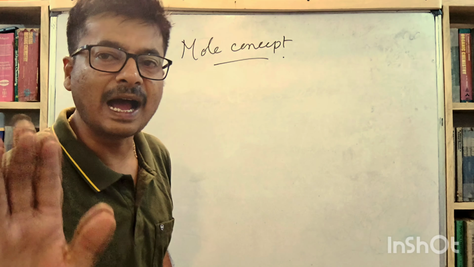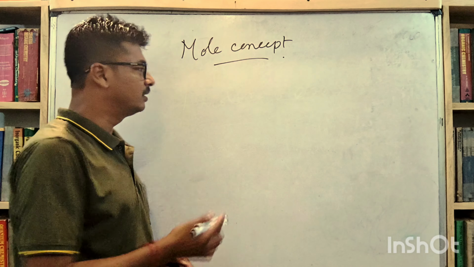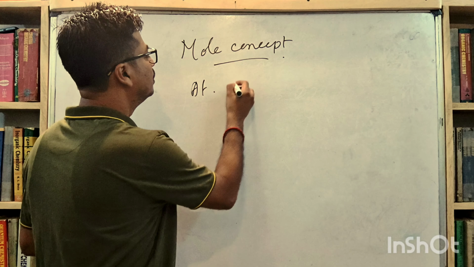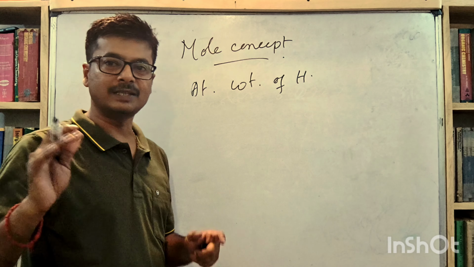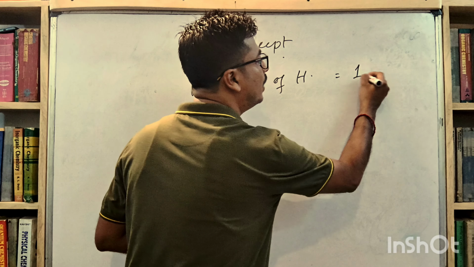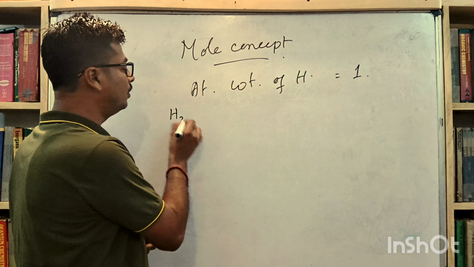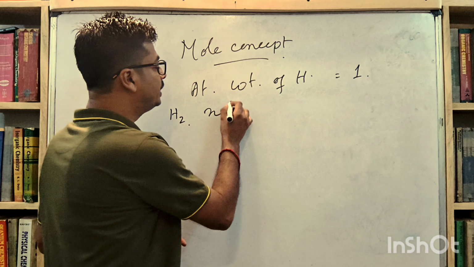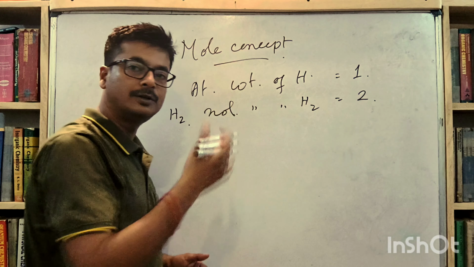We have a basic idea about molecular weight or atomic weight. What is the atomic weight of hydrogen? Your answer will be 1. And if H2 is the molecule of hydrogen, then the molecular weight of H2 will be 2, because 2 hydrogens are there.